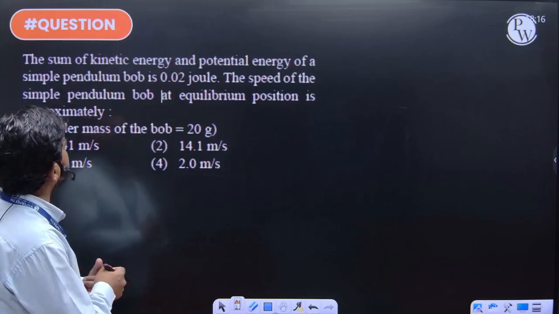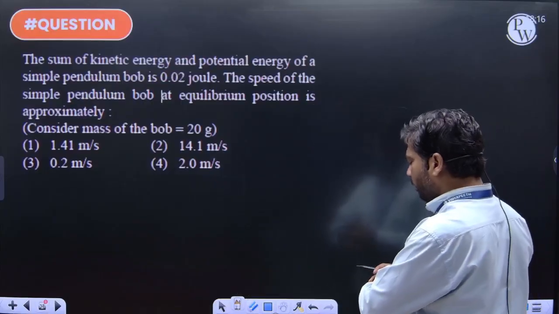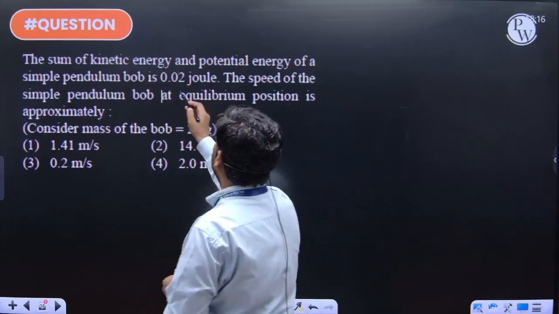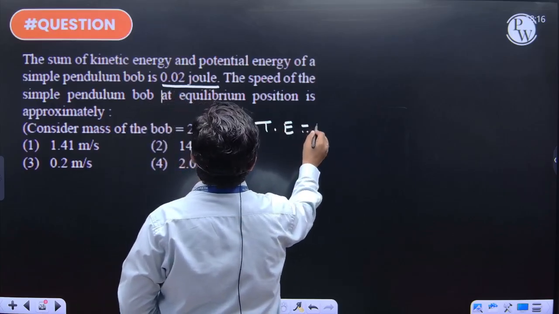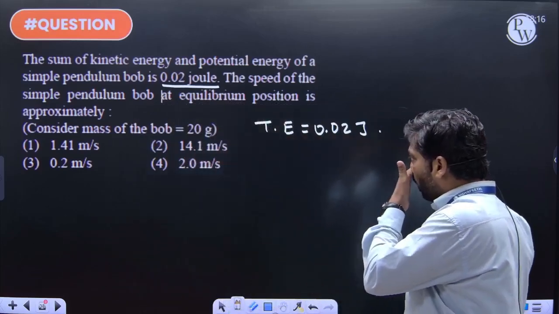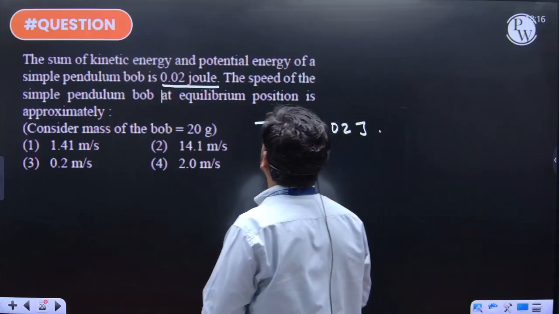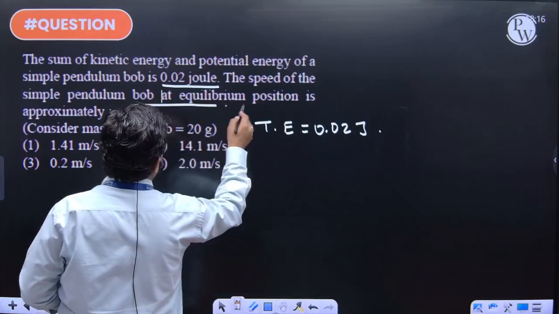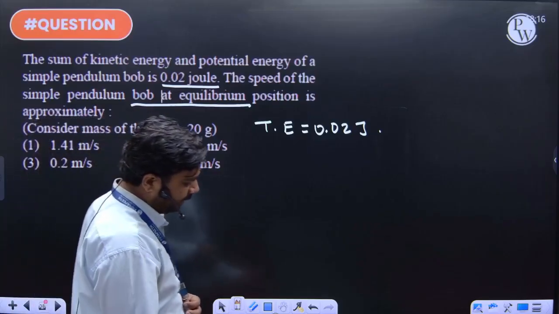Next, the sum of kinetic energy and potential energy of a simple pendulum bob is 0.02 joule. Okay, total energy basically, 0.02 joule. The speed of the simple pendulum bob at the equilibrium position is approximately what?